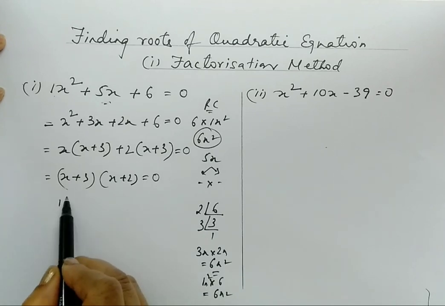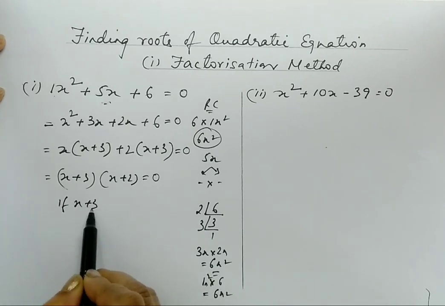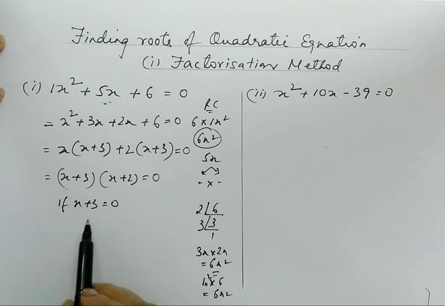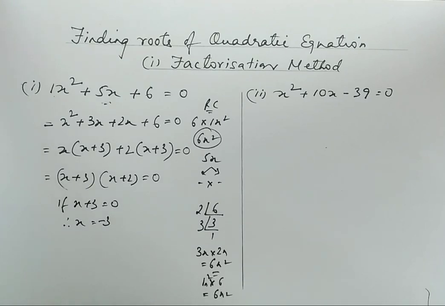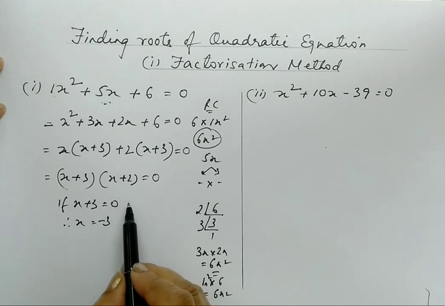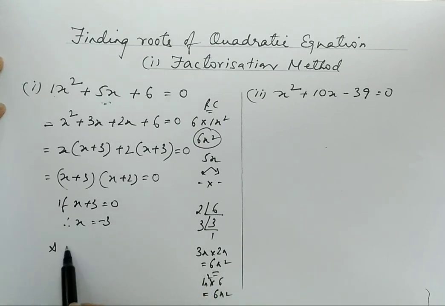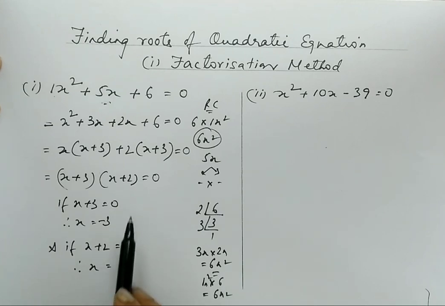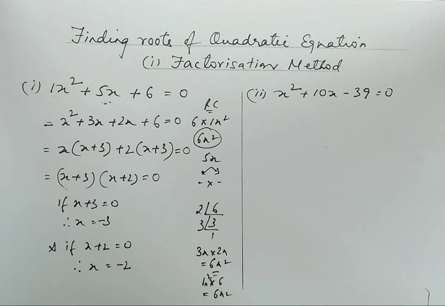So if x plus 3 is equal to 0, in that case x will be equal to minus 3. Correct or not? And if x plus 2 is equal to 0, then x will be equal to what? Minus 2. Correct?